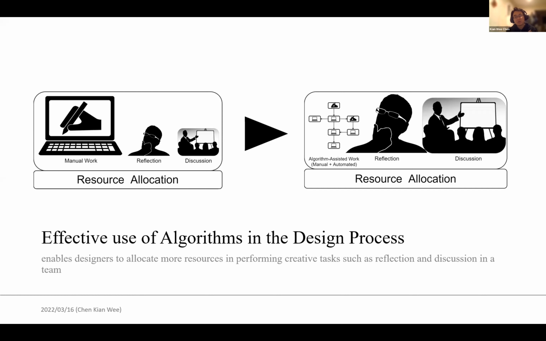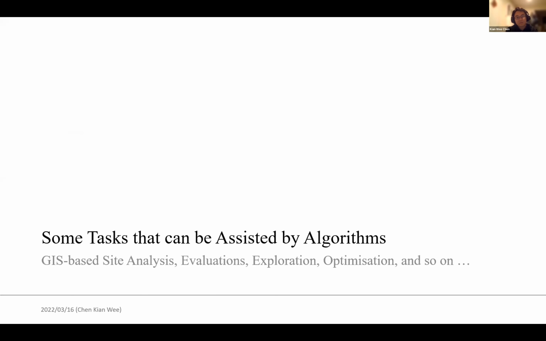So let the computer do the repetitive tasks, and let the designers do what designers do best, being creative and designing. But of course, in our current design process, a lot of things are still done manually, and so we strive to incorporate algorithms as much as possible into the design process.